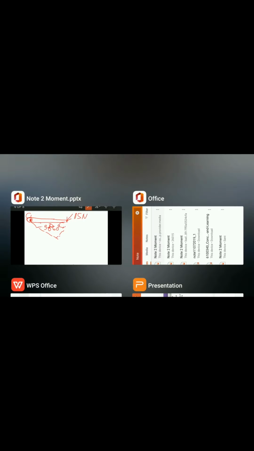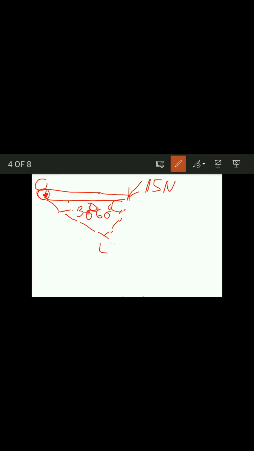So this is point C, and this is 0.8 meter.